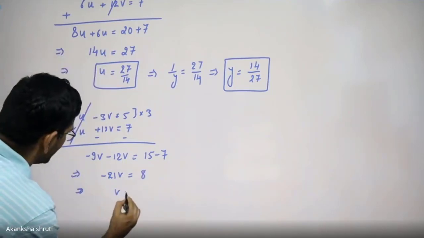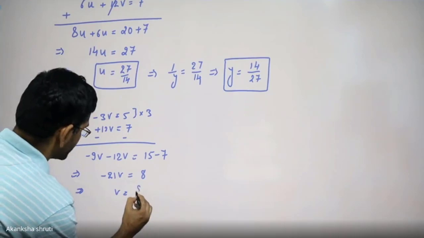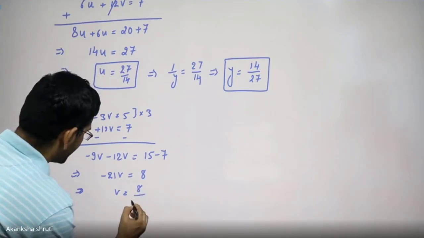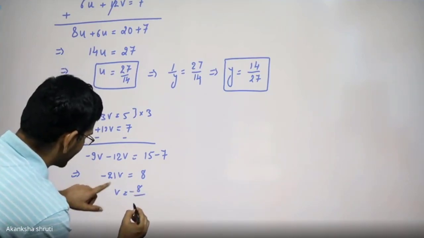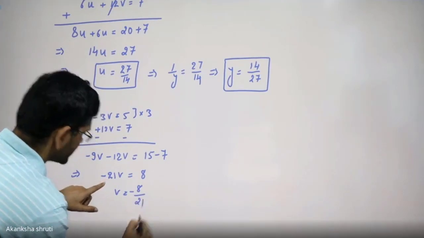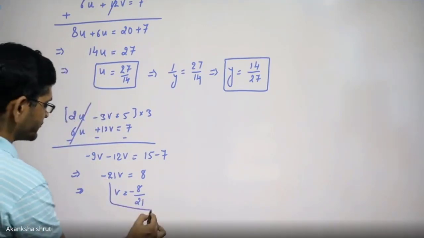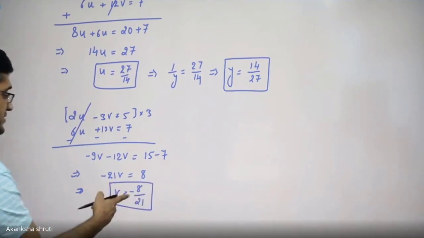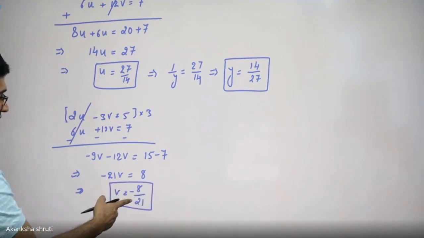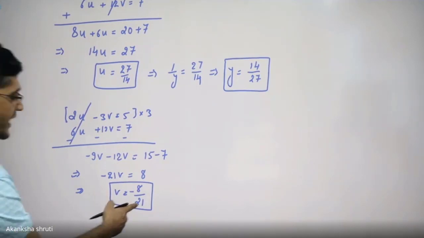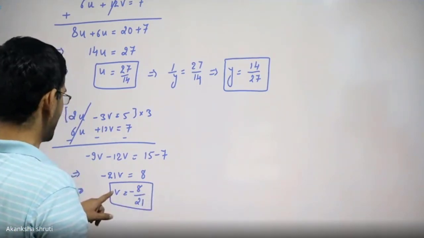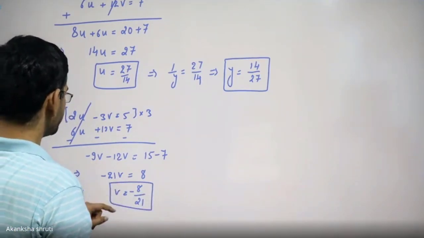Like this, v is equals to 8 by minus 21; we can directly keep this negative sign in the numerator. Student, again keep in mind, this v is not our required answer, because we need what? x and y. But we have calculated this v.